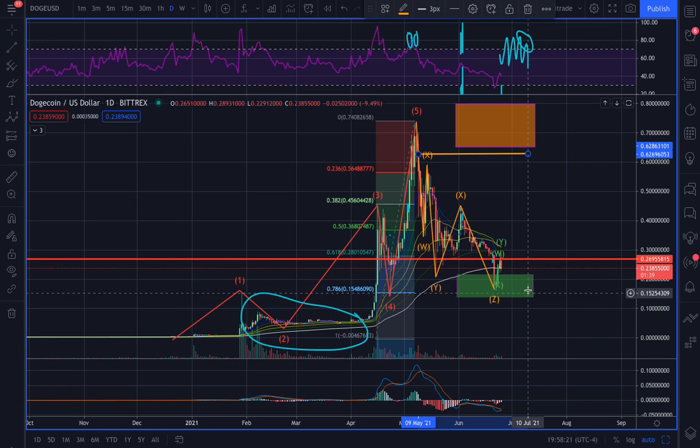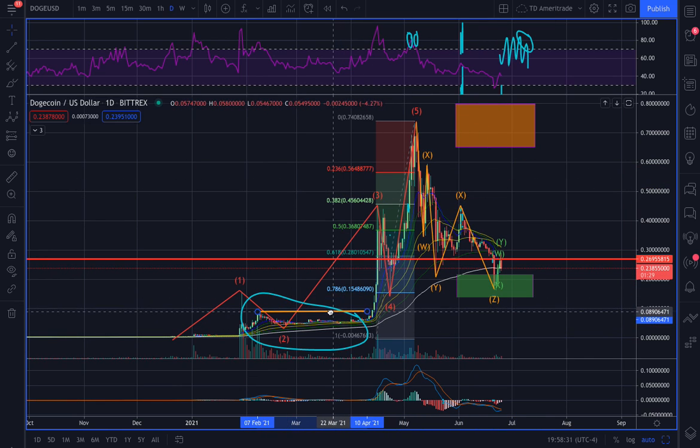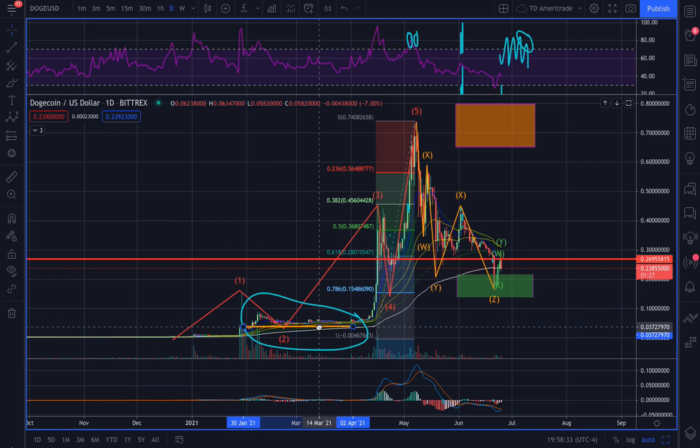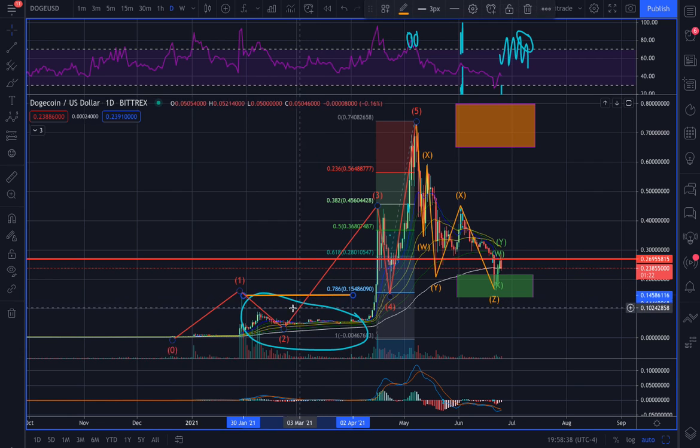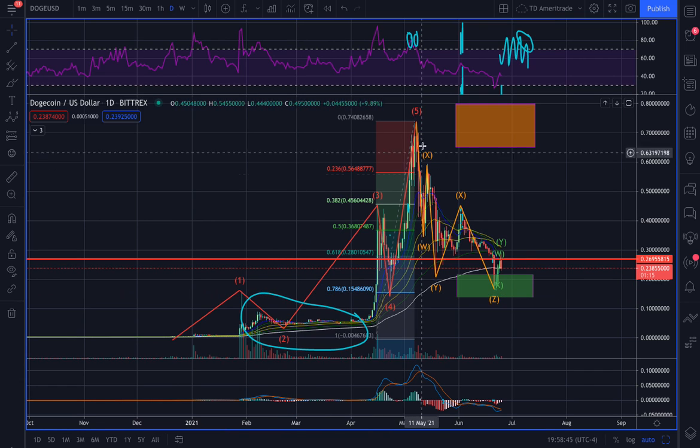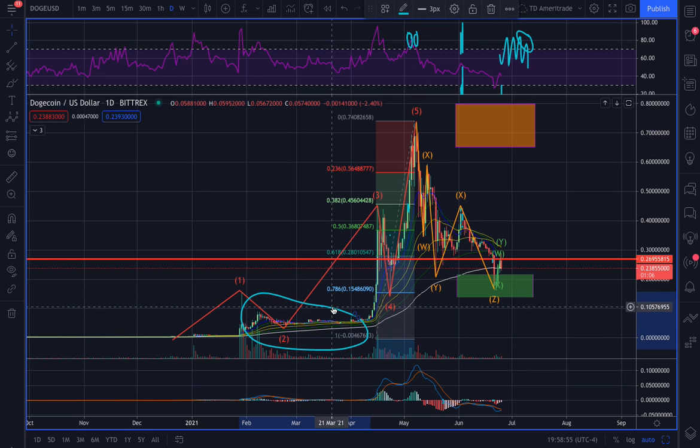So I don't think this huge correction can be done in the amount of time it took for just this wave sideways to have happened. And that's my reasoning for why I don't think it's done yet. Otherwise, the price went down enough for it to have been done. I just don't think it's been enough time.